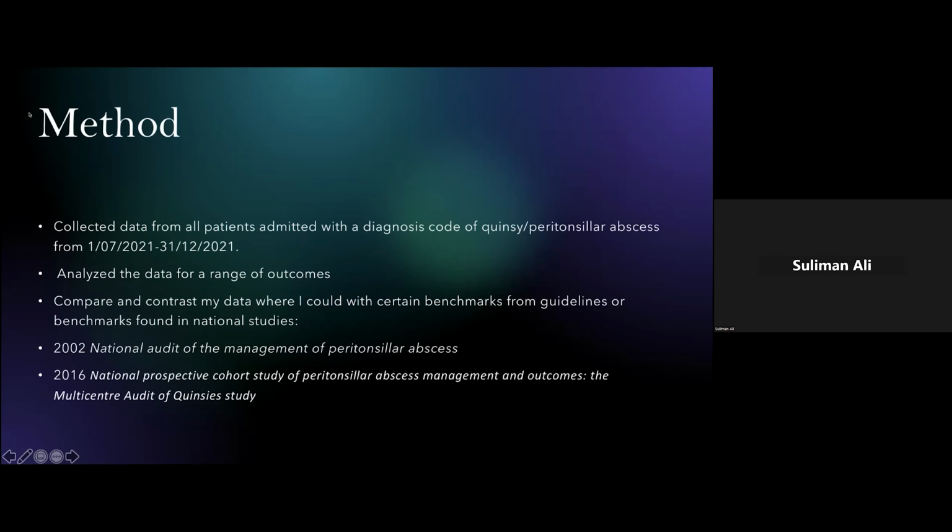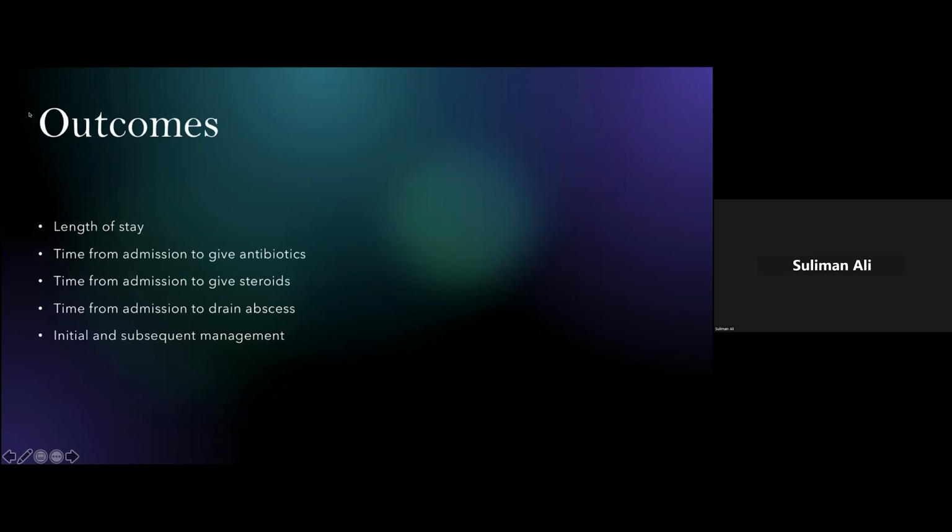And there's a more recent national prospective cohort study, a multi-center audit of quinzy studies. Data was collected prospectively on suspected peritonsillar cases over a 2-month period at 42 participating secondary care centers, covering a population of 16 million. The outcomes that these audits used, and that I used, are on the slides now.